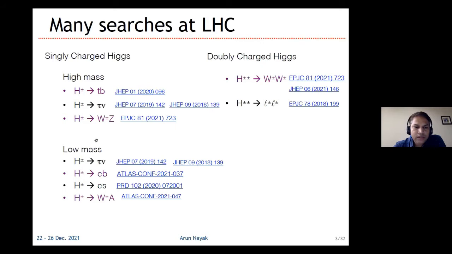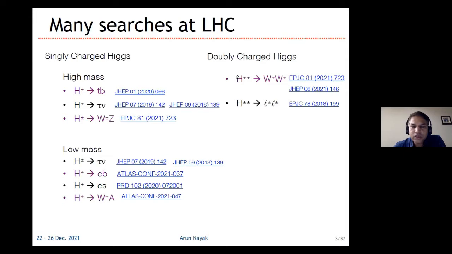For low mass, we have charged Higgs decaying to tau and neutrino, charged Higgs decaying to c b and c s quarks, and W and one of the scalar bosons A. And for the doubly charged Higgs, there are searches for decays to vector boson pairs, as well as decays to lepton pairs. So I'll be going through all of these.